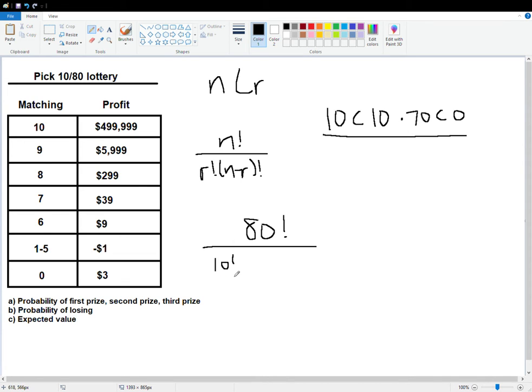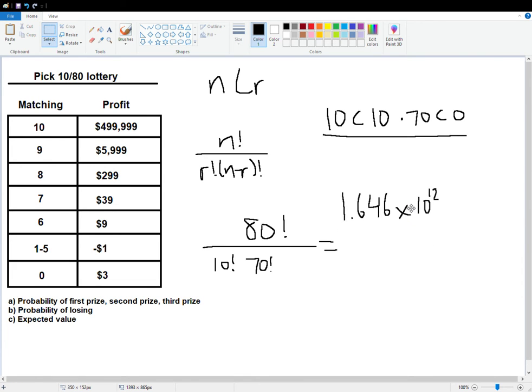So we're choosing 10, and 80 minus 10 is 70 factorial. If we multiply this out, it's going to be 1.646 times 10 to the 12th, which is a very large number.